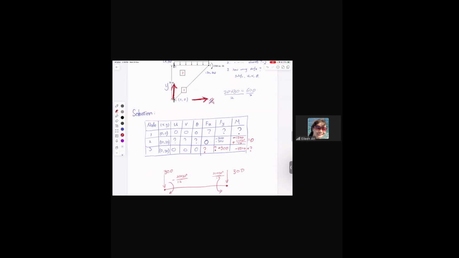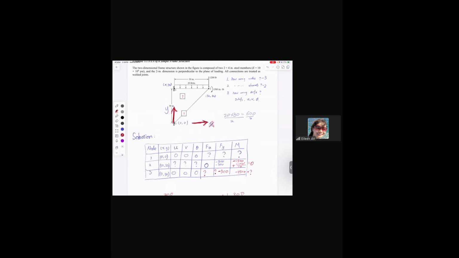Sorry, just one more question. That last one, I'm supposed to use that over 12? I'm supposed to use that same formula? It depends on the force. Say for this one, for the beam 2 to 3, we use a distributed load. There is a distributed load, right?